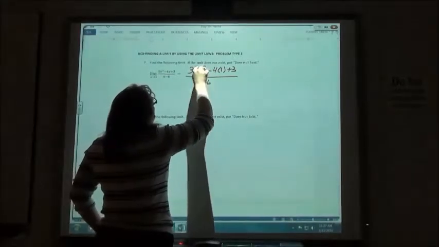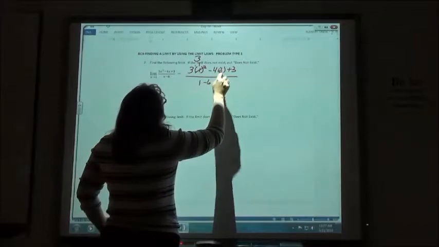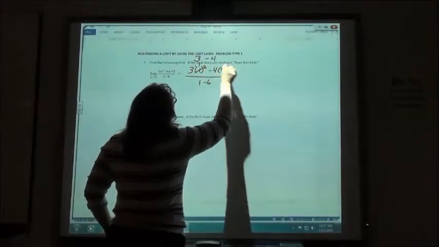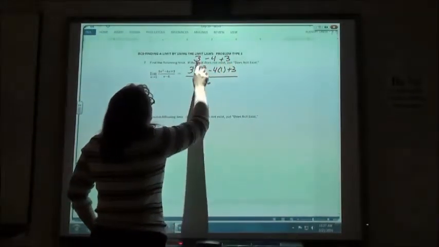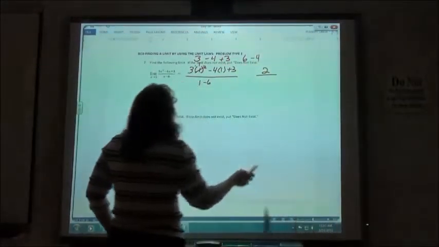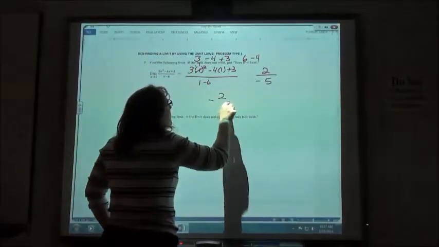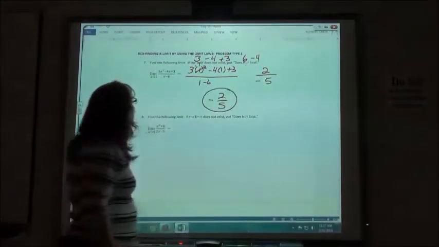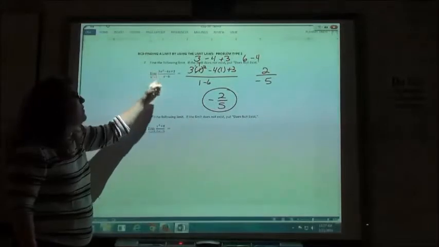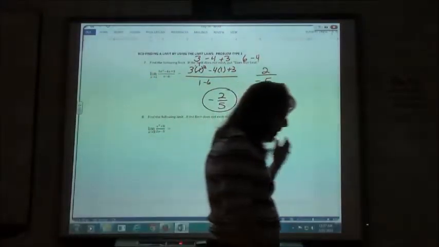So here 1 squared is 1, 3 times 1 is still 3, negative 4 times 1 would be minus 4, plus 3. 3 plus 3 is 6, 6 minus 4 would give me 2. On the bottom, 1 minus 6 is negative 5. So my limit as x approaches 1 of this function is going to be negative 2/5.